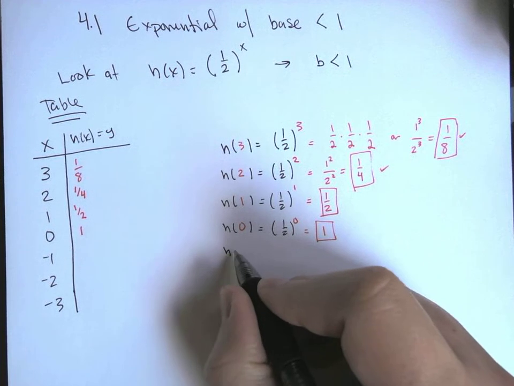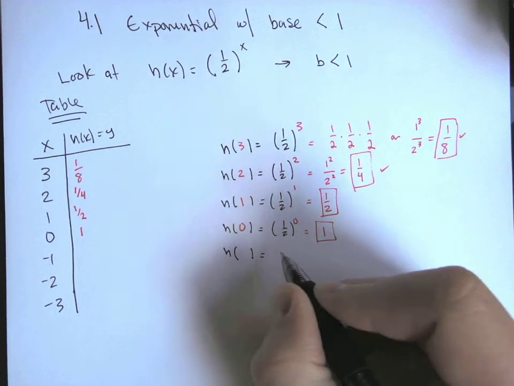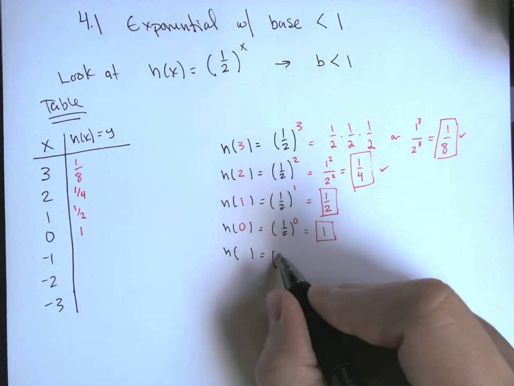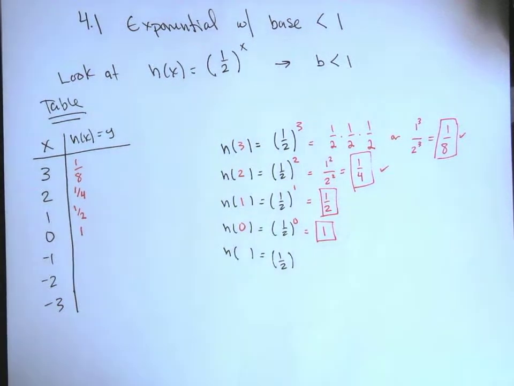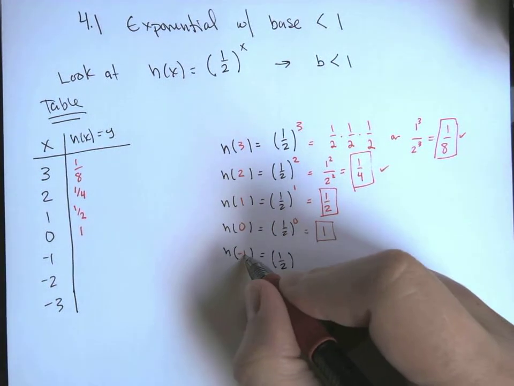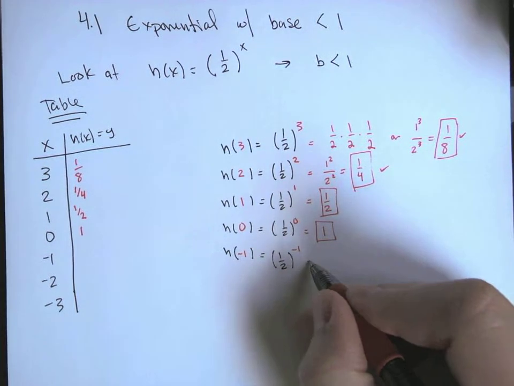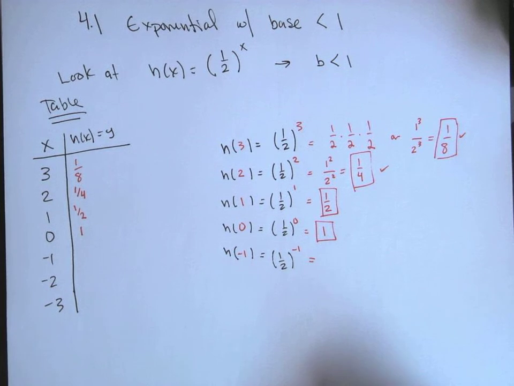This is what happens if we start to put negative powers into here. If I do -1, anything raised to the -1, the idea is that you're saying 1 over that value, you're doing a reciprocal, and then you're raising it to the positive version.